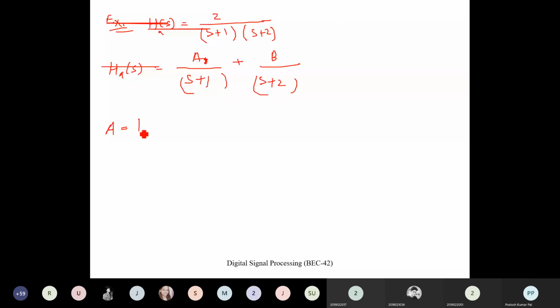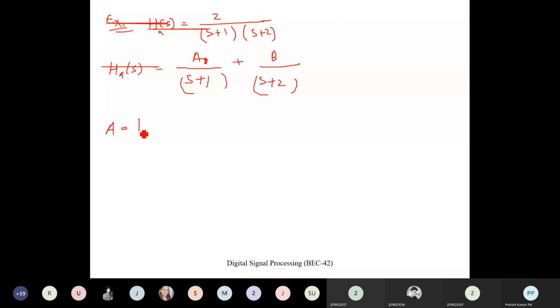Similarly, if we need to find out the value of b, we will multiply H(s) with the denominator of the b term, which is s plus 2, and put s equals to minus 2.